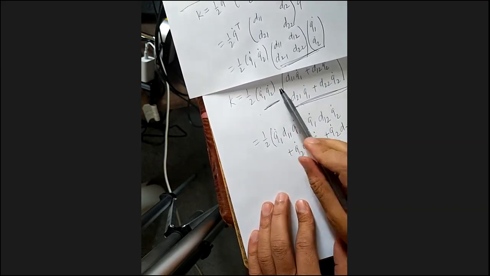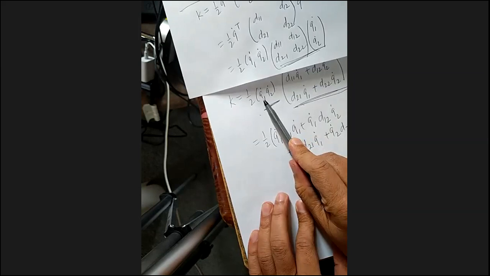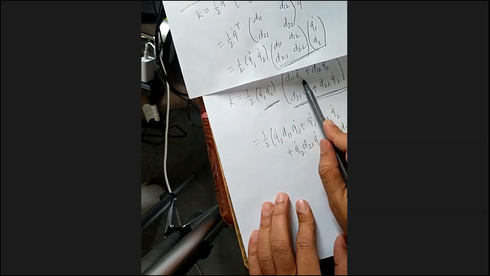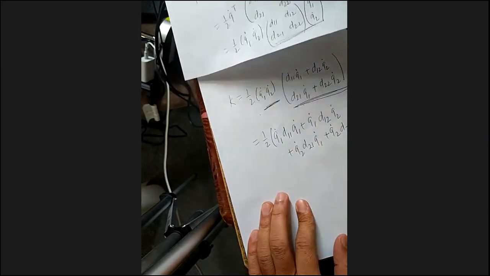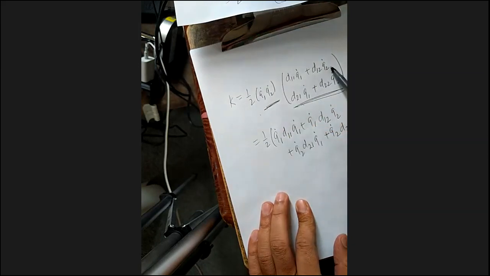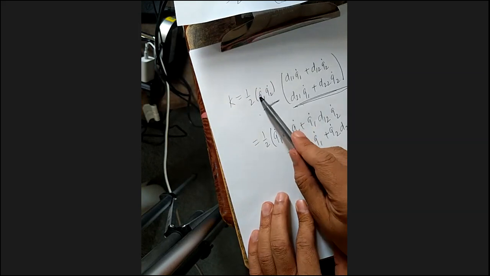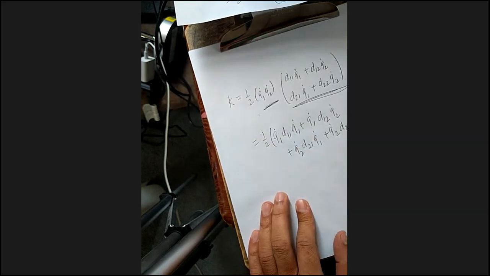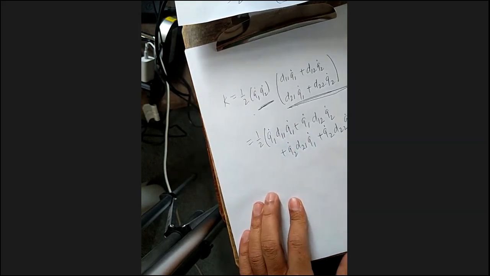Make sense? So Q1 dot D11 Q1 dot, and similarly Q1 dot D12 Q2 dot, and then similarly you multiply the rest. This is simple matrix multiplication.